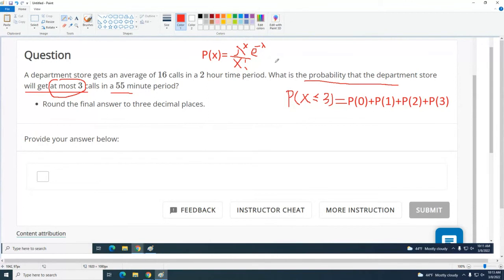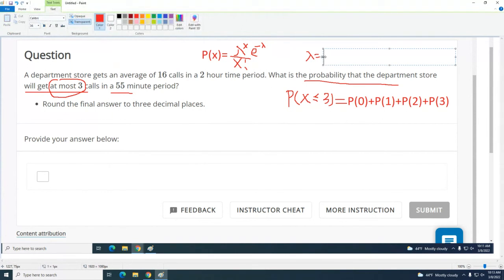Then you have to know the proper lambda. And again, lambda represents the average. What is lambda? We're calculating the probability of having at most 3 calls in 55 minutes.